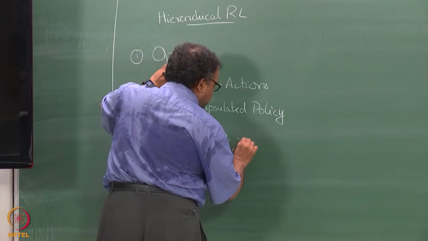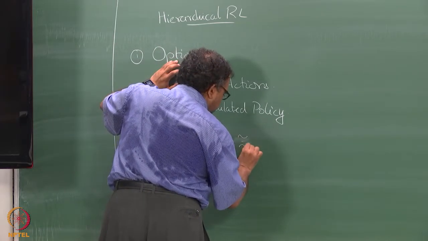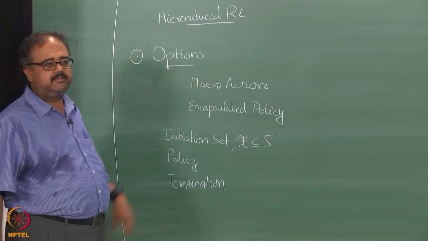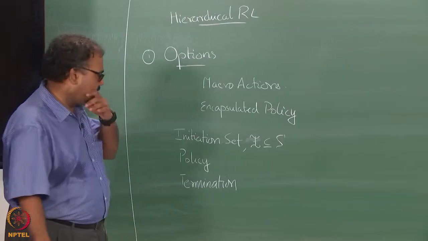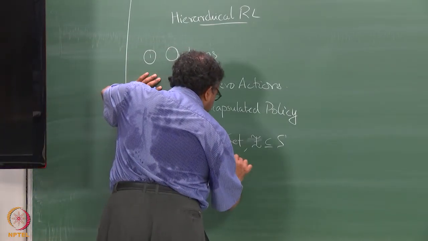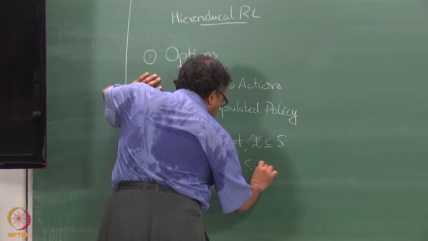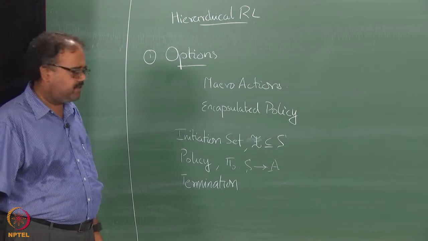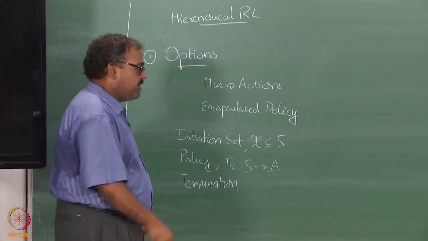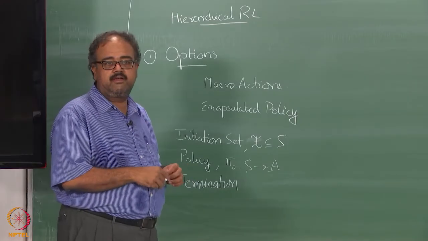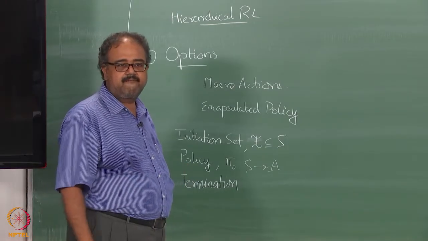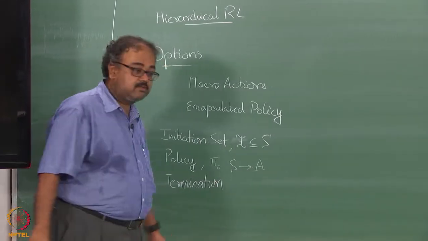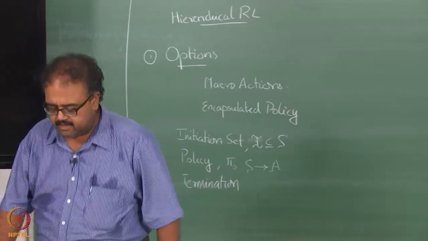So the initiation set, denoted by I, is a subset of the state space, okay, and then the policy is given as, if it is a deterministic policy, a mapping, or it could also be given as a mapping of history.